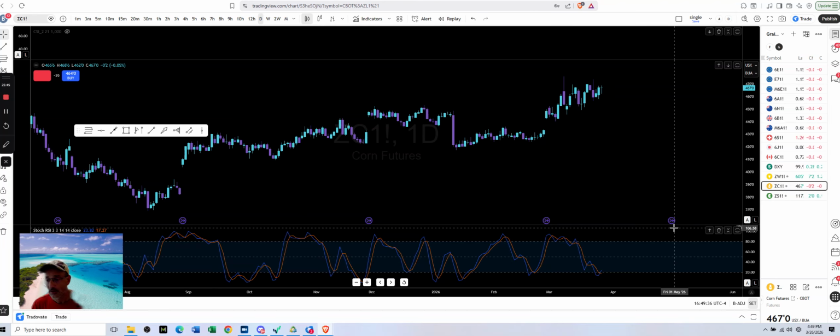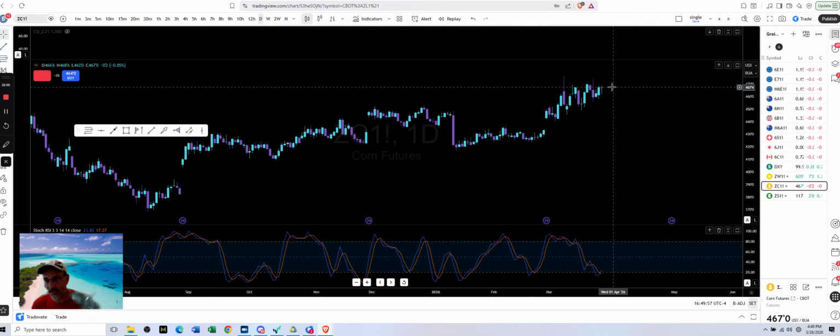Here's corn, and corn also had a bullish signal. I mentioned this yesterday, but you can see today it did absolutely nothing. It basically closed unchanged. Here's today's candle right here. It's a doji, and it closed exactly where yesterday closed. I did mention yesterday that I didn't like this pattern.